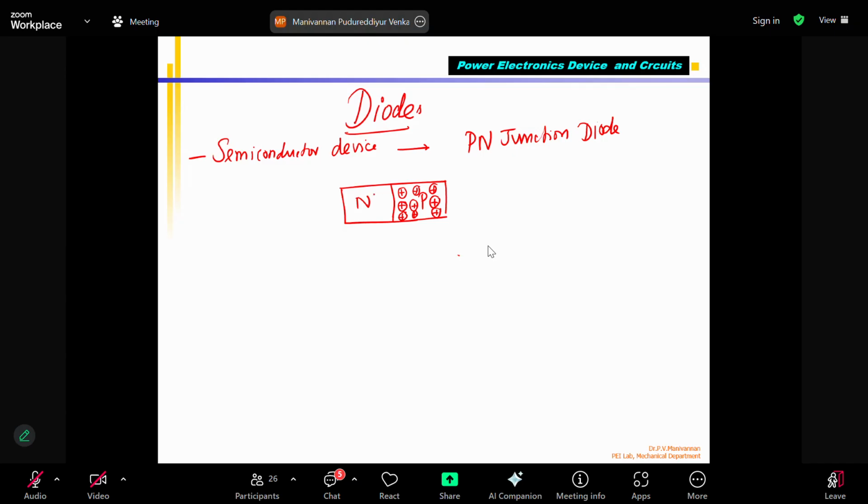Then holes. Then N-type material: you take the pure silicon, which is an insulator, and dope it with a trivalent element like aluminum. That means you heat the silicon almost to close to its melting point.